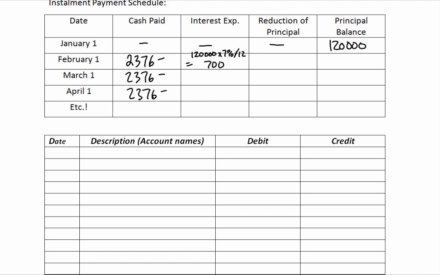So now, if this is the interest portion of the $2,376, if I subtract the $700 from the $2,376, it will tell me how much principal I paid. And the fact is, I paid principal of $1,676. Right?